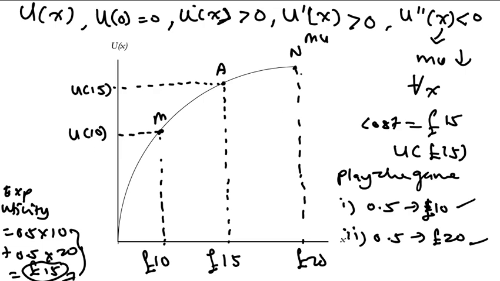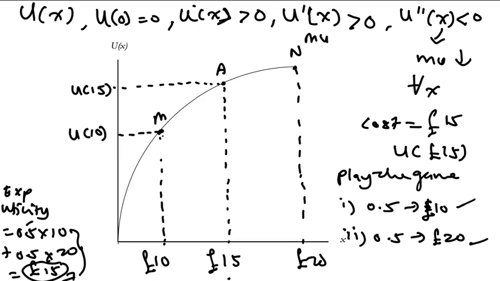If we were certain that we receive 20, our utility would be the height of N. However, because playing the game involves probability of getting either 10 or 20, we calculate expected utility. The expected utility of 15 is actually the average height of M and N.